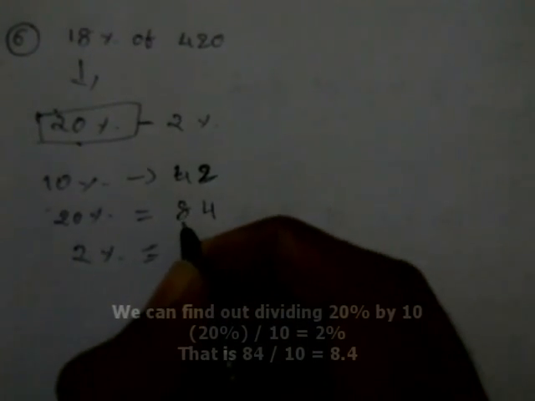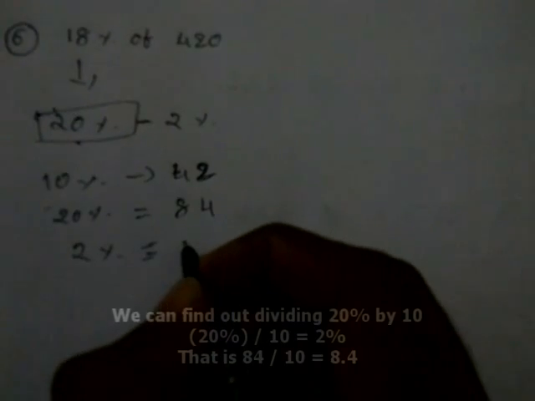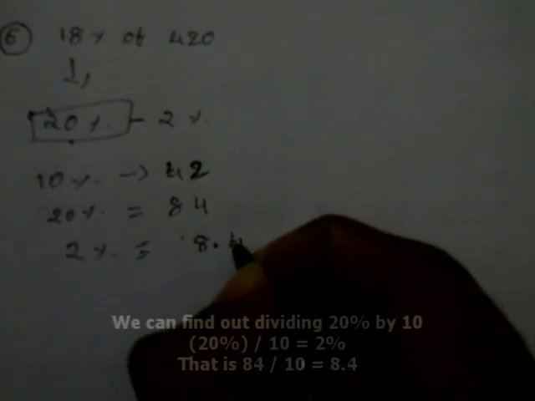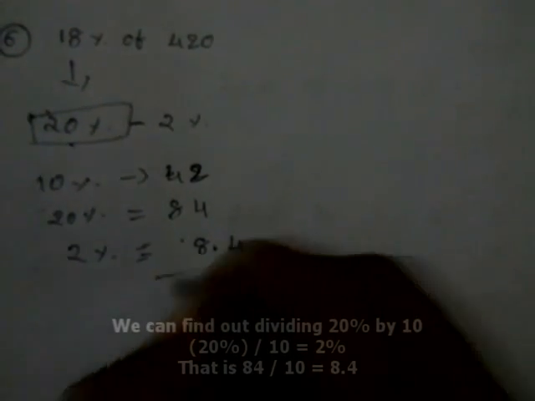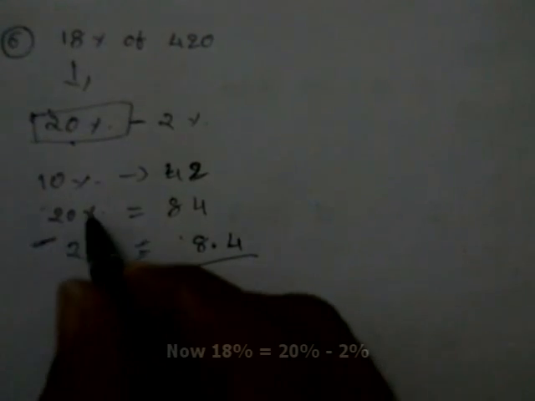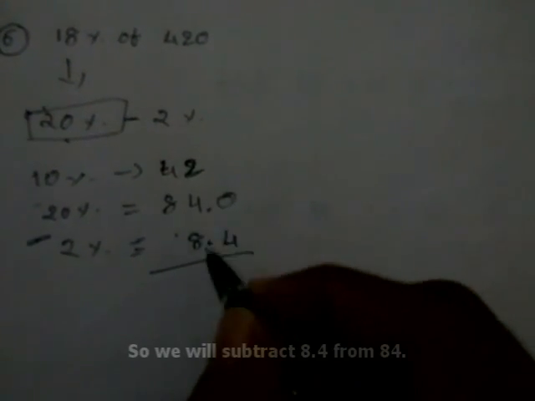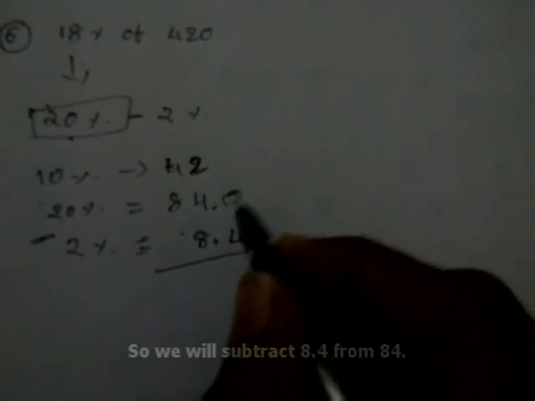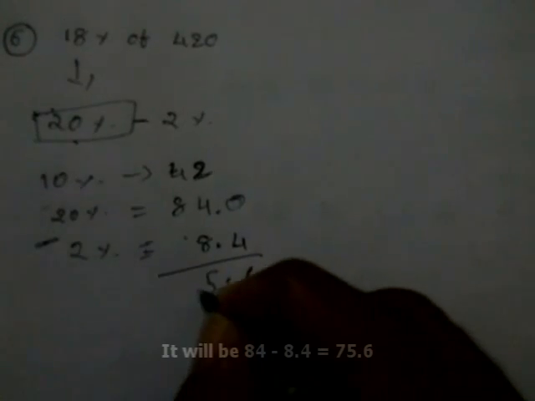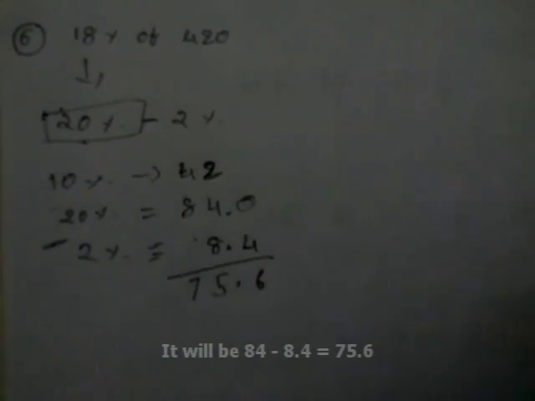That is, if you divide 84 by 10, we get 8.4. Now 18% is 20% minus 2%. So we will just subtract 8.4 from 84. It will be 75.6.